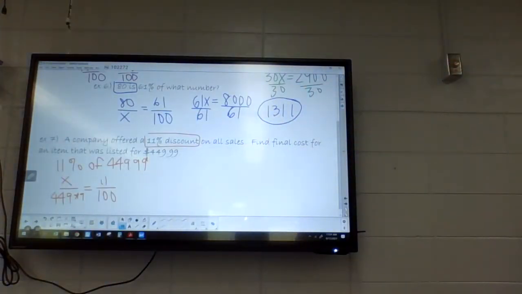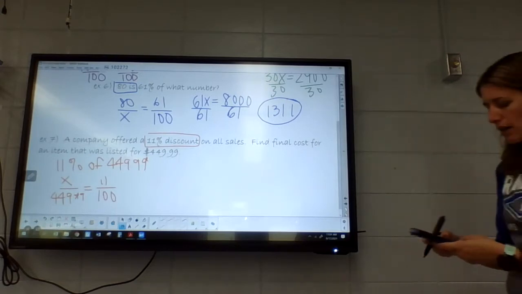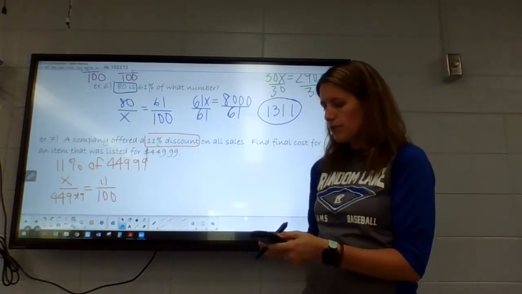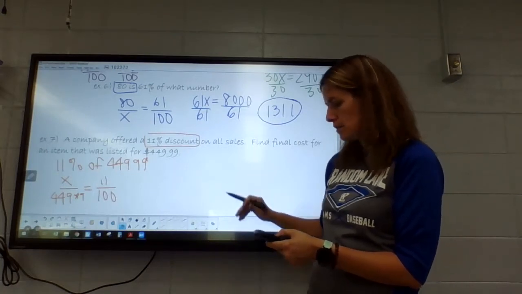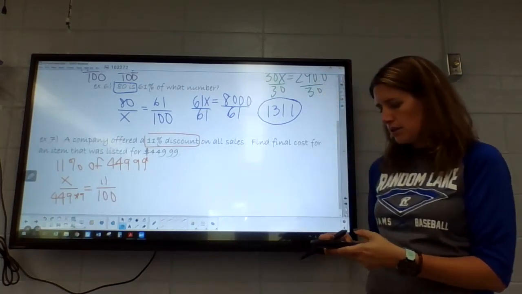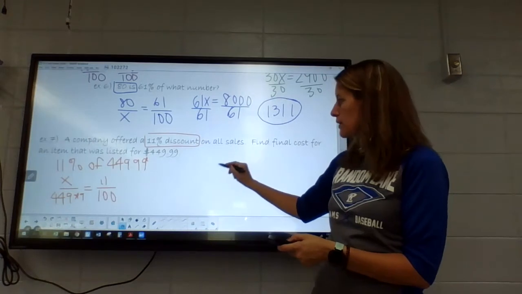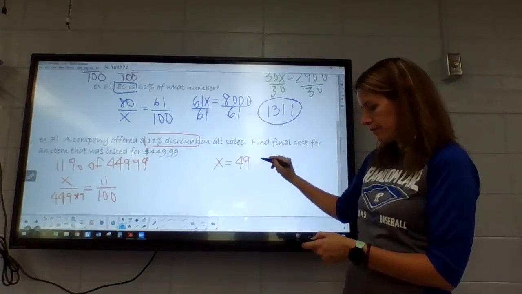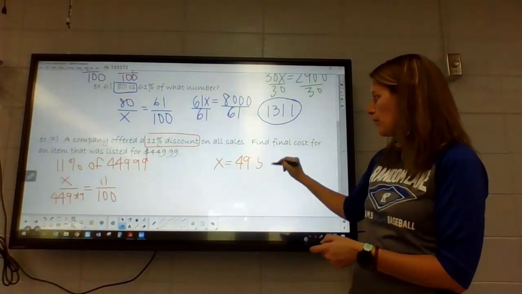Maybe on the test I might ask you what the discount is, so be prepared to answer that. If I wanted to know the discount, I would cross multiply, set equal, and I get 49.50 essentially if I'm rounding.